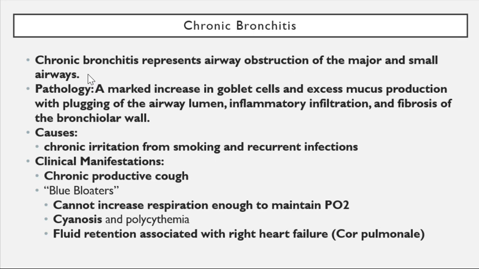It's marked by an increase in goblet cells and excess mucus production with plugging of the airway lumen, inflammatory infiltration, and fibrosis of the bronchial walls. So here you have a chronic productive cough, but you have these blue bloaters where cyanosis is the big way that you can tell.